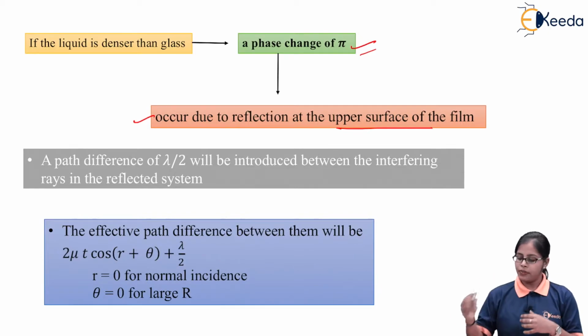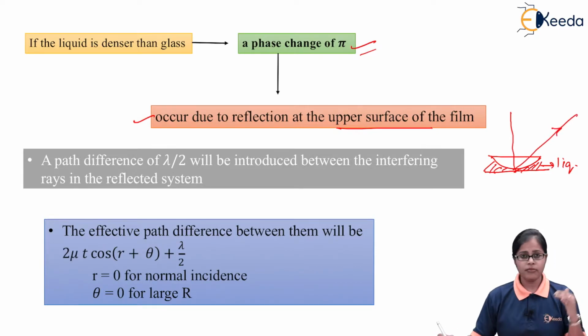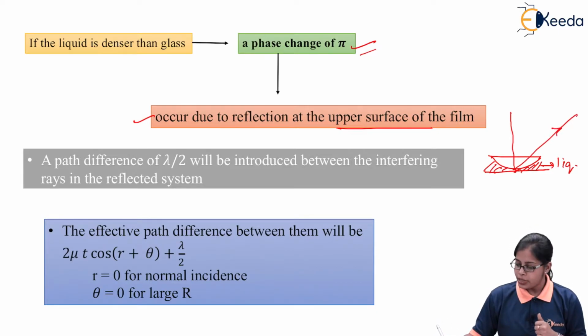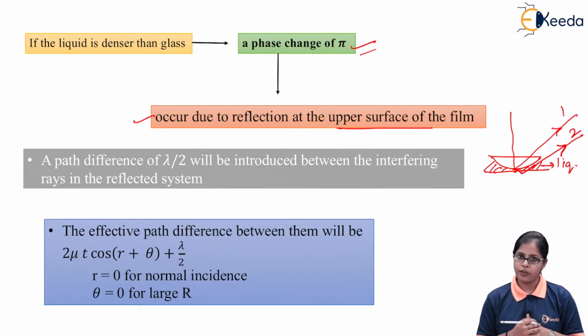Secondly, whenever we talk about the liquid film formed between the two arrangements, we get two reflected rays, one from the top surface of the liquid film and one from the bottom surface. So we get two reflected rays, 1 and 2.